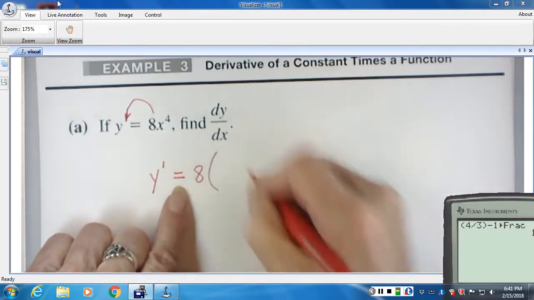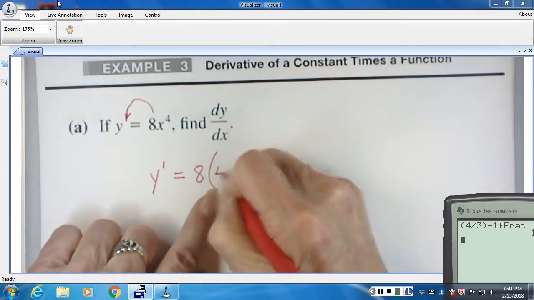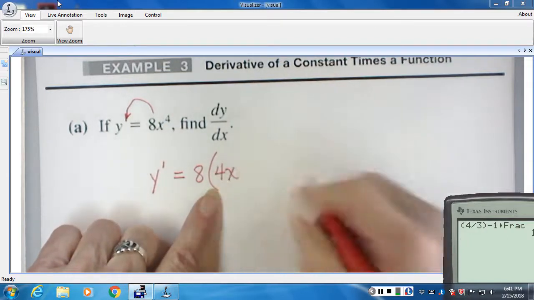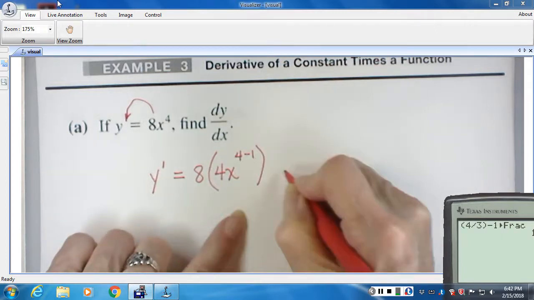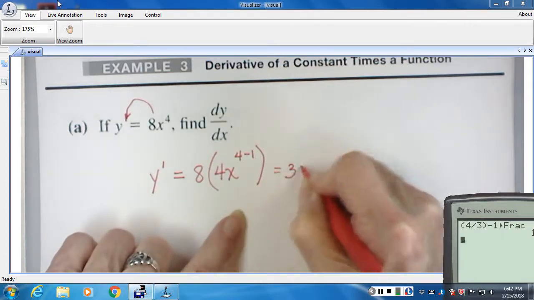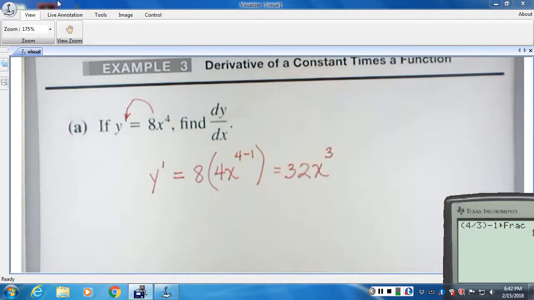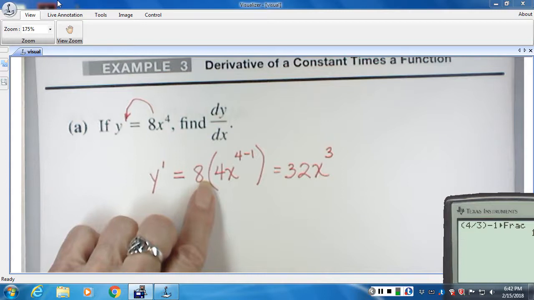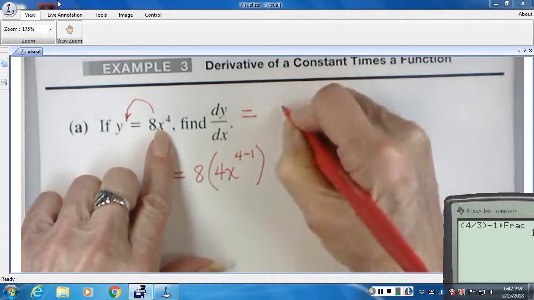And then you find the derivative of x to the 4th, which is 4 times x to the 4 minus 1, which turns out to be 32x to the 3rd power. But I find that to be an irrelevant step, because all you really need to do is exactly what we've been doing. You've got 8x to the 4th power.